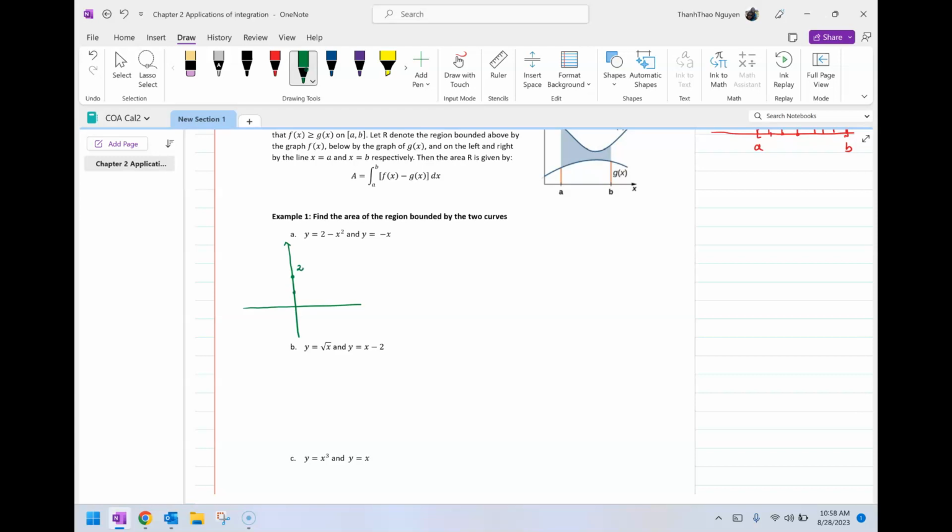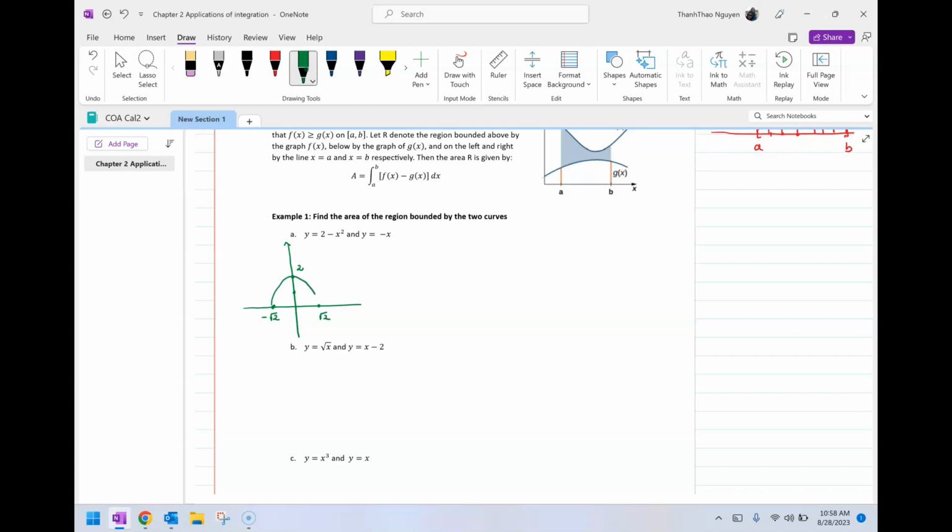When x is equal to 0, y equals 2. When y equals 0, we're looking for the x-intercepts, and x equals plus or minus square root 2. So let's take a look. This is negative root 2, and this graph is not to scale.